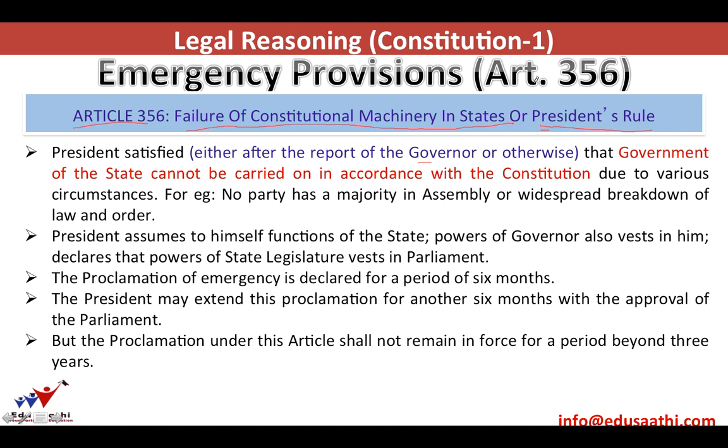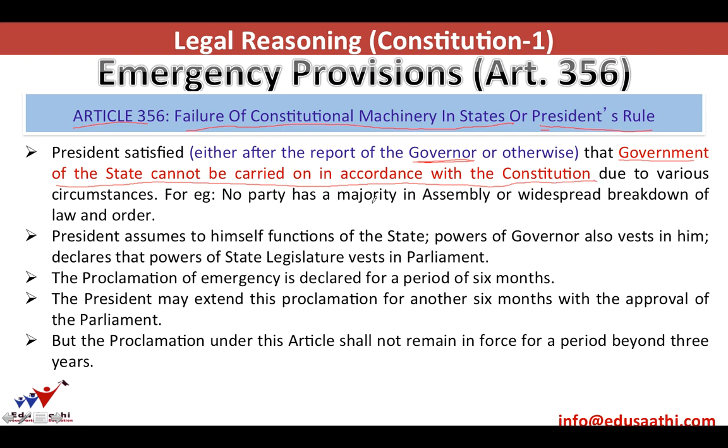So in this case, he can take up the case on his own or by the report of the governor of the state, that the government of the state cannot be carried on in accordance with the provisions of the Constitution of India due to various circumstances.